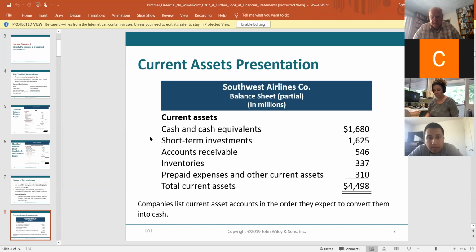But if you really needed cash quickly, Southwest Airlines can go to a bank and say, look, I have $546 million worth of receivables that is going to get paid over the next 3 months or so. How much will you give me for them now? And someone might say, I'll give you 400 million for them right now. And Southwest might take it. The point is, accounts receivable, very liquid, inventory, a little less so.